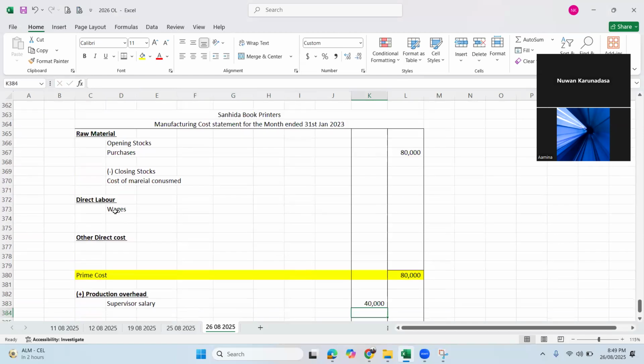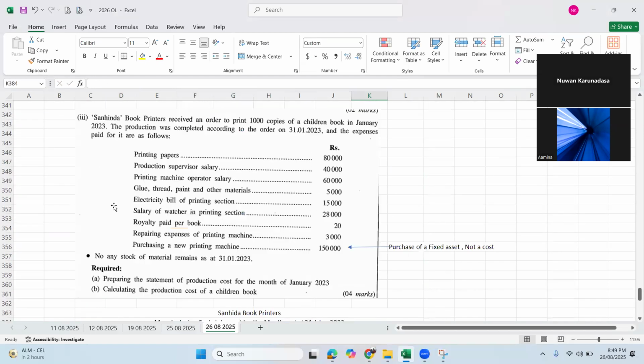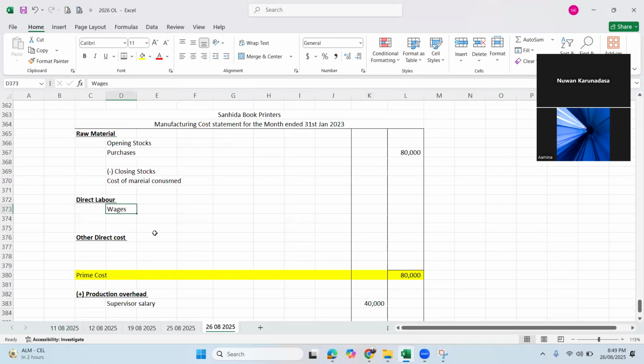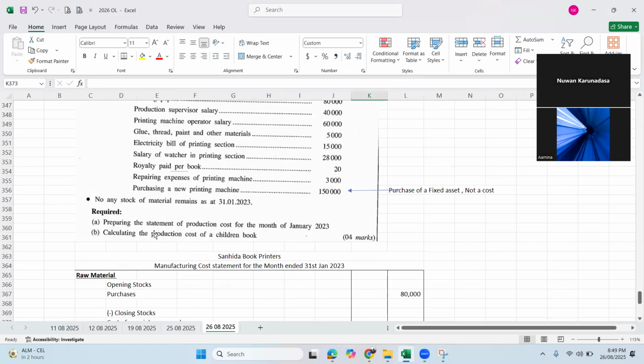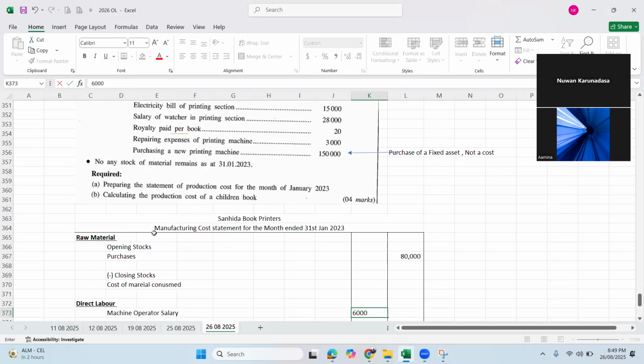Supervisor salary. Then printing machine operator salary, it's direct labor. Printing machine operator salary 60,000.